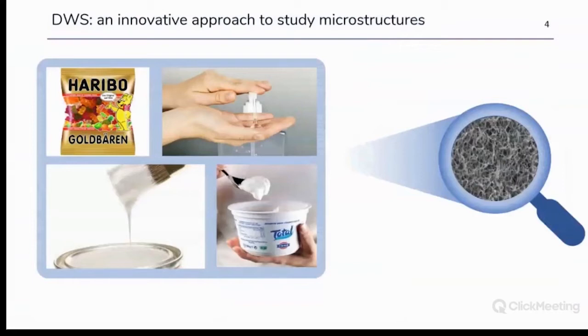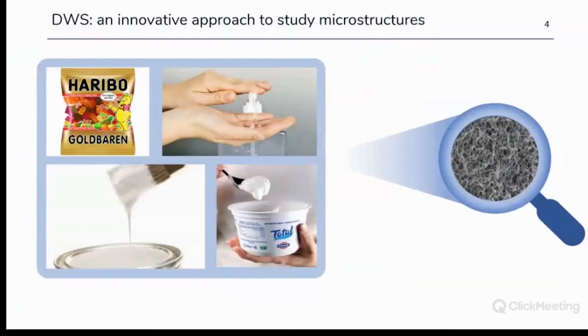It is because the way a sample flows or deforms gives very important technological properties to our products. Here you can see several products where the consistency and the ability to flow and deform plays a key role in the way they are perceived and appreciated by the customer.